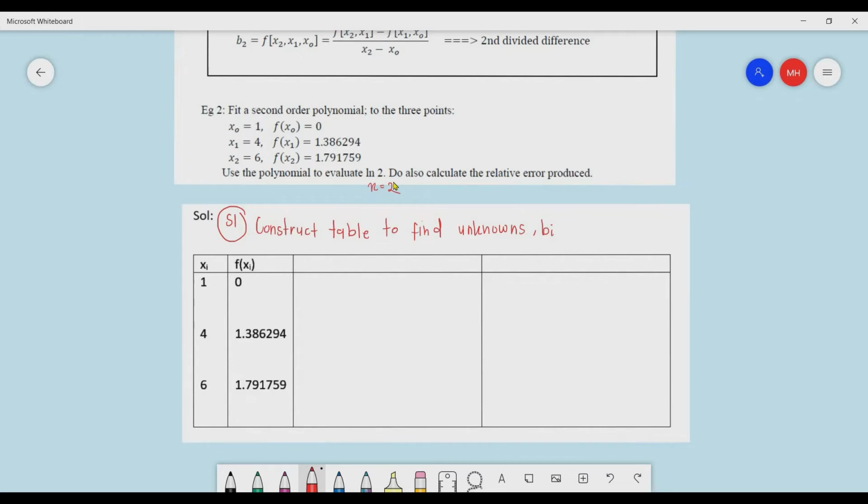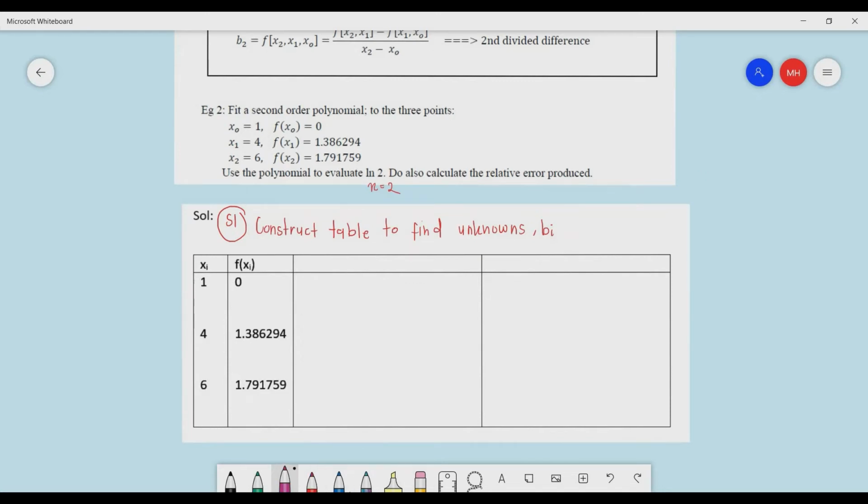So for the first column, just write back the values of x that you have, x0, x1 and x2: 1, 4, 6, and also the f(x) values, f(x0), f(x1) and f(x2). Since you have the second order, you have up to the second divided difference.